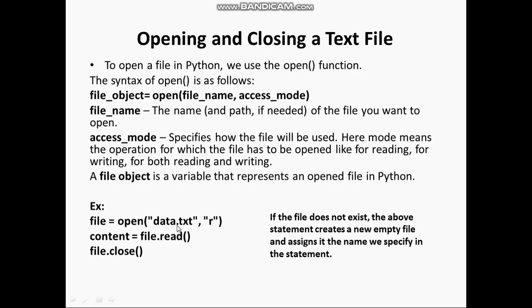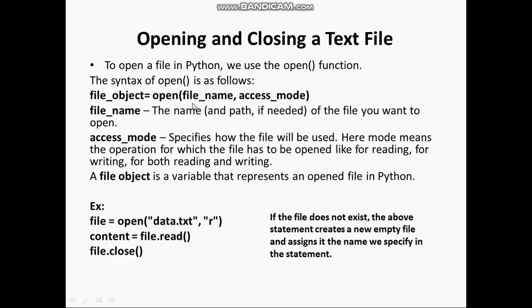This read function reads the data stored in this file, and that will be assigned to the variable content. Using the same file object which represents this text file, you are going to call another function called close. When this function close is called, all the data assigned to content will be saved.